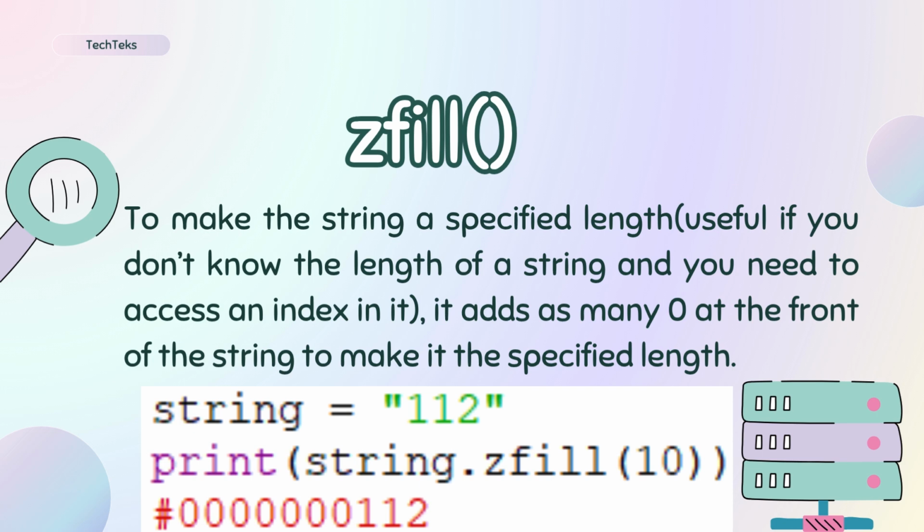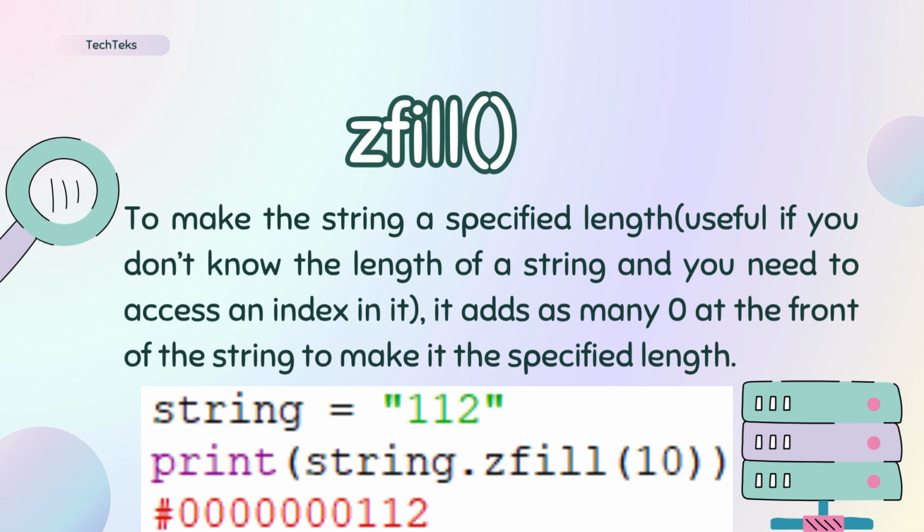Next up, we've got the zfill method, and what it does is add as many zeros at the front of the string to make it the specified length. So let's say I have a string equal to "112". Note that this is not a number, it is a string because it's got quotes around it. And we print string.zfill(10). Now 10 is the length we want the string to be.